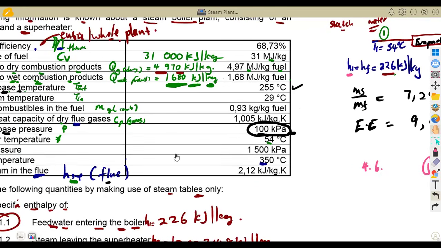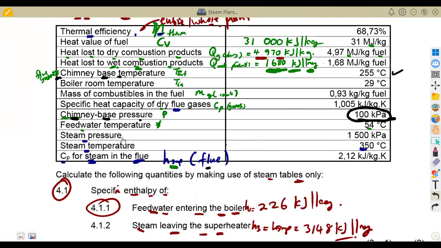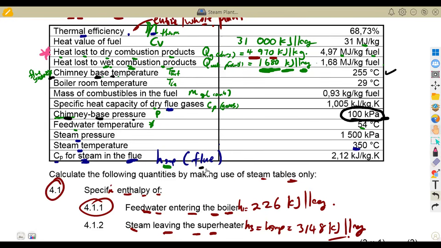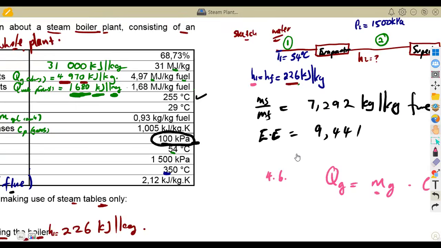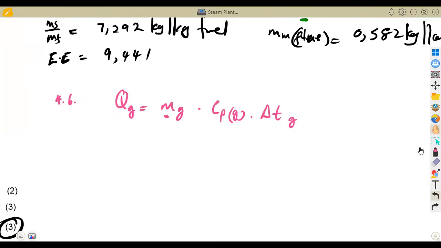If that was there, we would use it, but it's not there. Remember that they used to give us the air fuel ratio, but this time they never gave it, because they know that there is the heat lost to dry combustion products, QG, to be used. So from this, we can make this the subject.